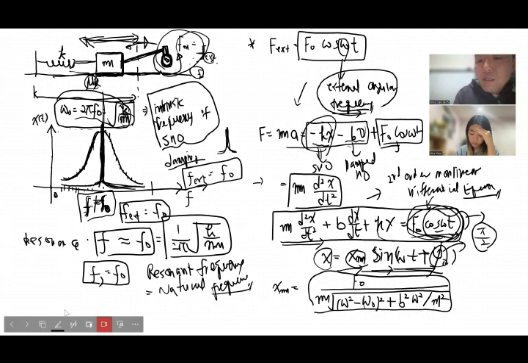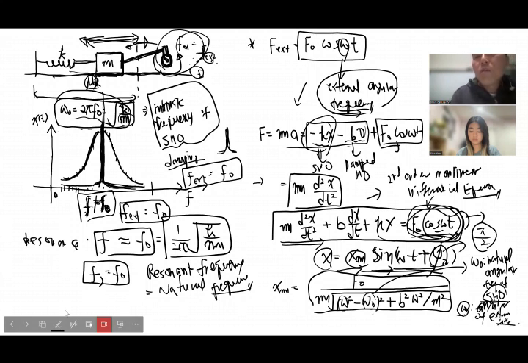Here omega naught is the natural angular frequency of the simple harmonic oscillator without damping, without external force, and omega is the angular frequency of the external force.